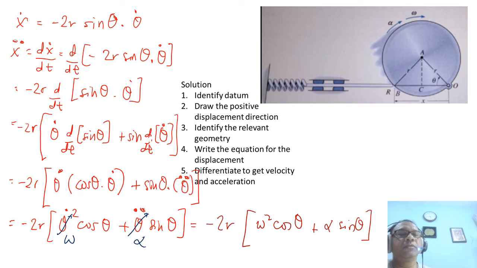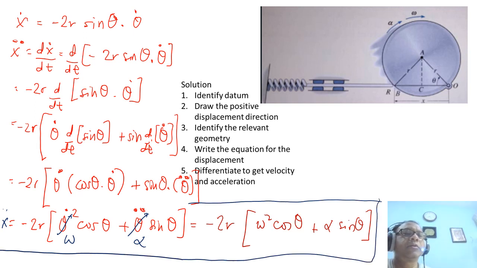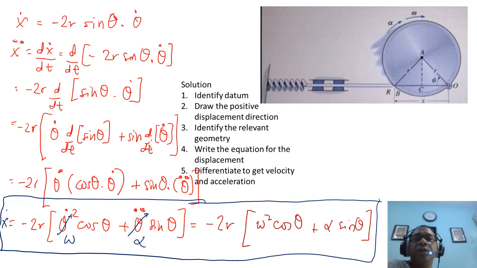So that's your answer for what x double dot is. The whole expression is the acceleration of the rod. That's the answer. So this is one example for you to look at and try to understand the relationship.